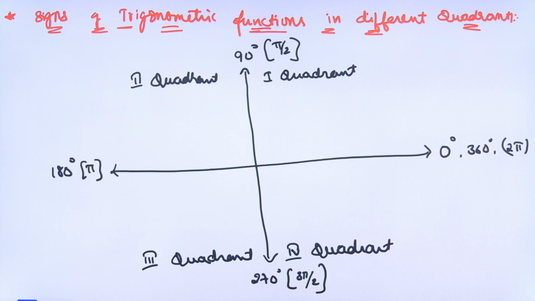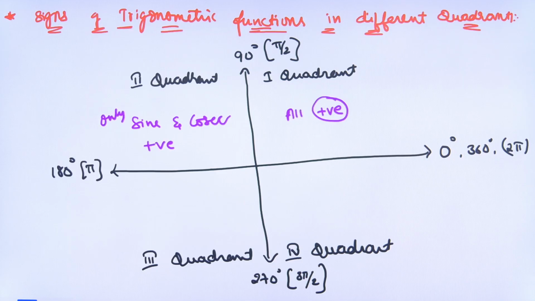In first quadrant, all the trigonometric ratios are going to be positive. Got this point, everyone? Right. In second quadrant, sine and cosecant are positive, remaining all will be negative.